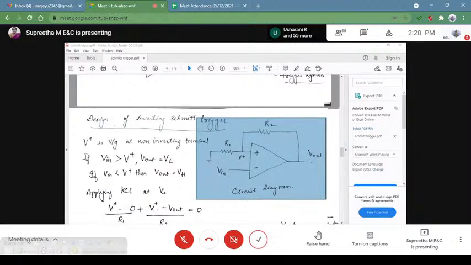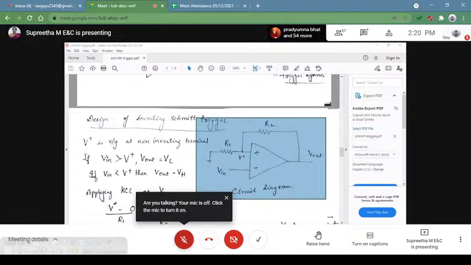Whenever my input voltage is lesser than V2, the output is at VH.